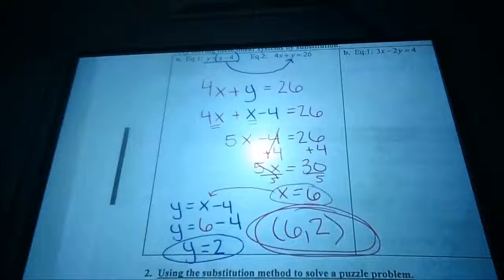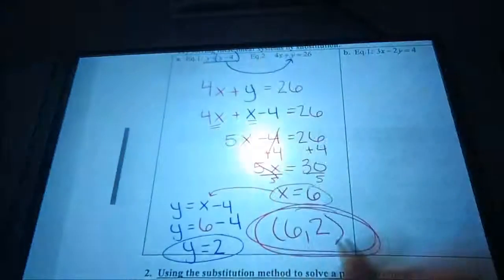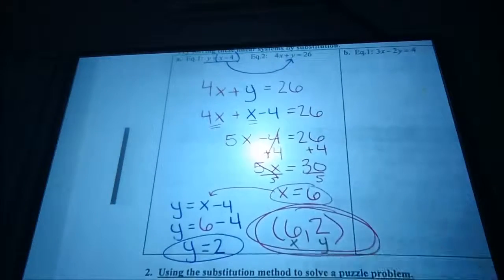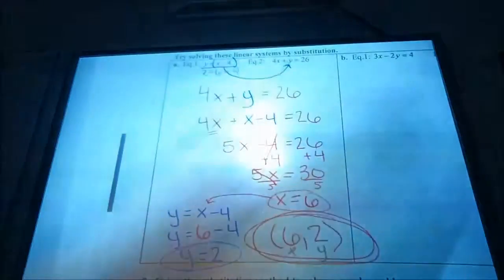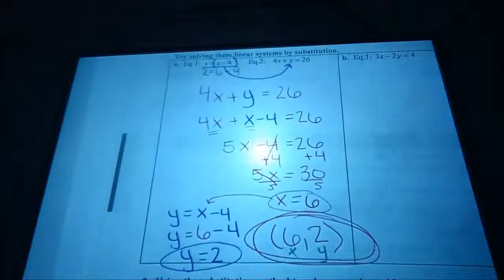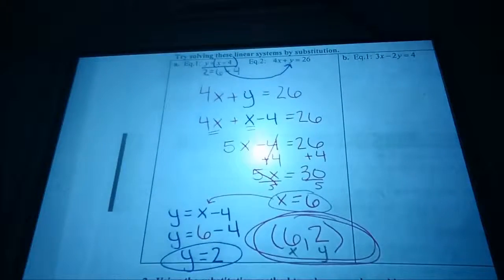How would I check my answer? Which equations would I use to check? My original ones at the top, and it needs to check out in both. So if I substitute into equation 1, 6 for x and 2 for y, does 2 equal 6 subtract 4? Yeah, 2 equals 2.